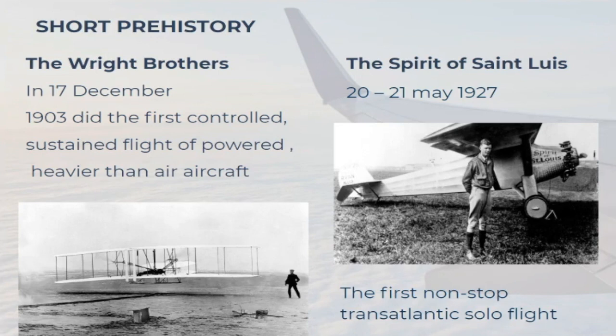So they were able to get airborne for a certain amount of time with a powered aircraft which was heavier than air. We will see it also in the next lessons, but we have different types of aircraft: heavier than air, lighter than air, gliders, and so on.